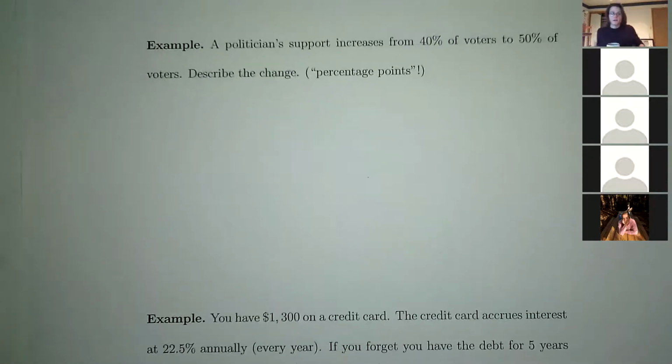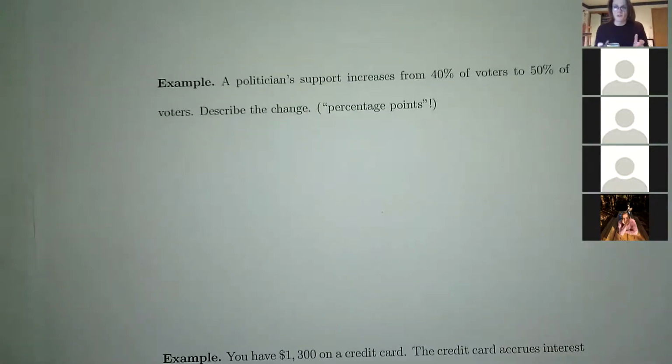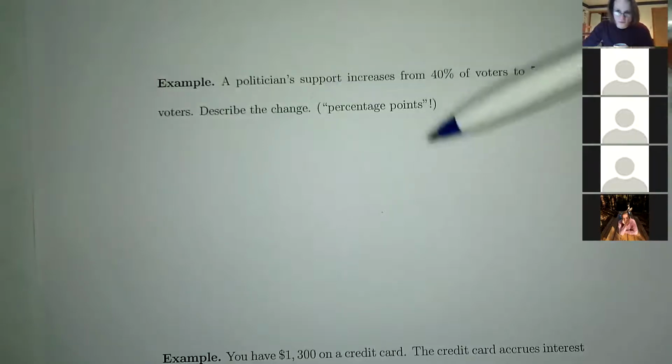All right. Oh, my chair is falling. This was the one weird problem that I mentioned earlier, like linguistics. So it's kind of just an aside. It's not terribly important, but if you talk about percentages, it is. So a politician's support increases from 40% to 50%. Describe the change.